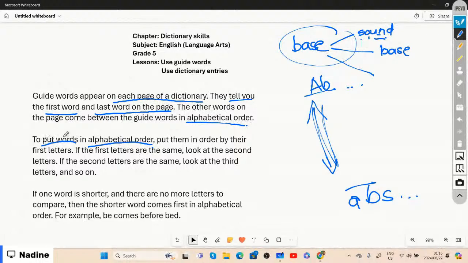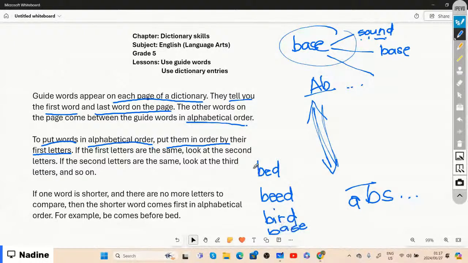And in order for us to put these words in alphabetical order, we need to order them by their first letter. Let's say, for example, we have bed, then we have bee, and then we have bird, and maybe we have, let's say, base.